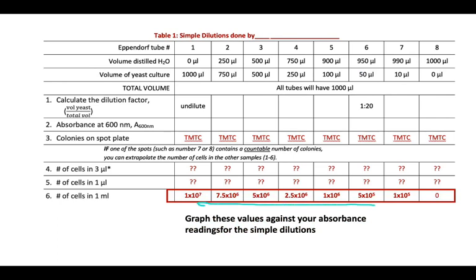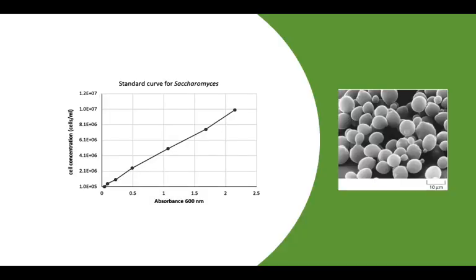Now your job is to graph these values against your absorbance readings for the simple dilutions. And I'm not showing them here because I want you to turn in your own graph with your own absorbance readings. But when you're done, your graph should look something like this.